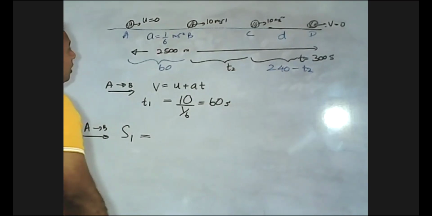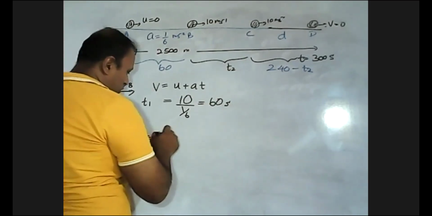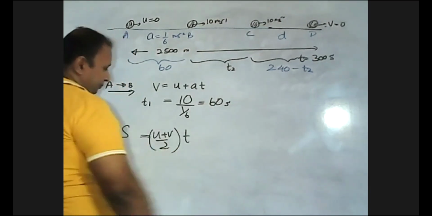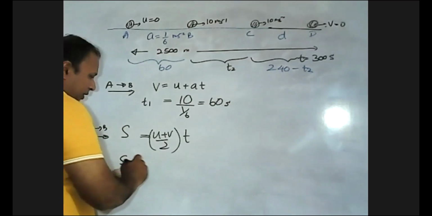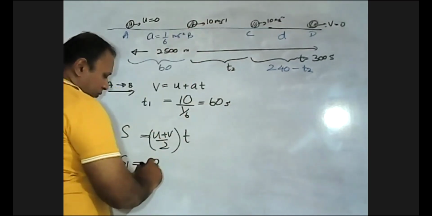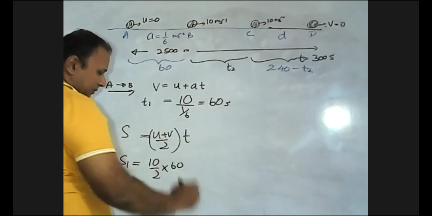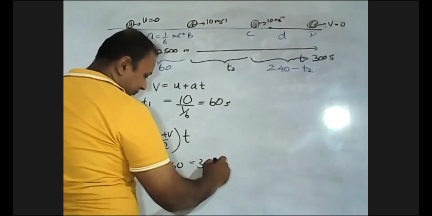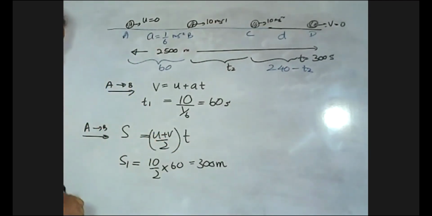S1 is U plus V over 2 times T. So S1 is equal, U is 0, V is 10, 10 over 2 times 60. That means 300 meters. That is S1.